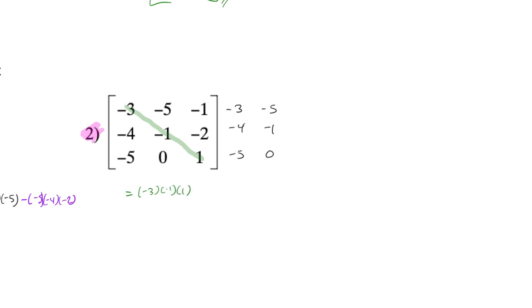I'm going to multiply the next diagonal here, so that means that I got plus -5, -2, -5. Then I'm going to multiply the next diagonal here, so plus -1 times -4 times 0. Let's cross that one out already because we know that it's going to be 0.